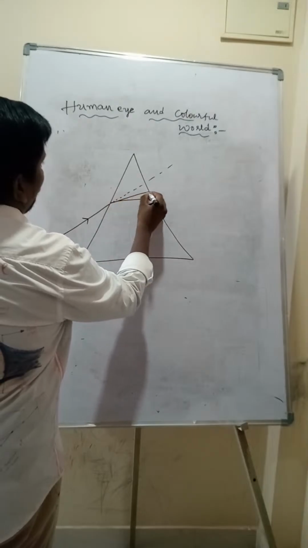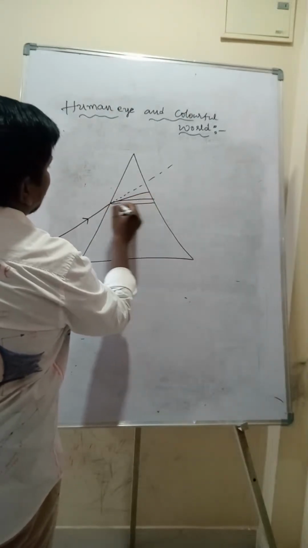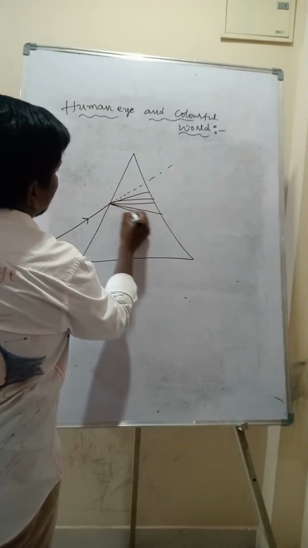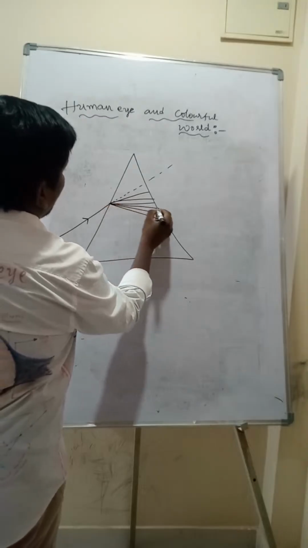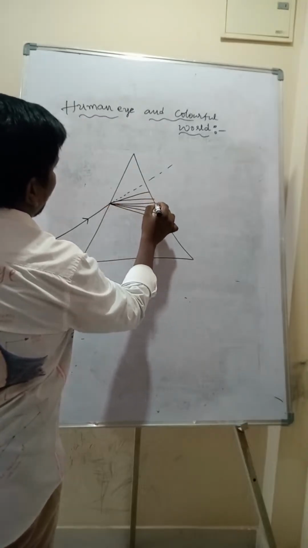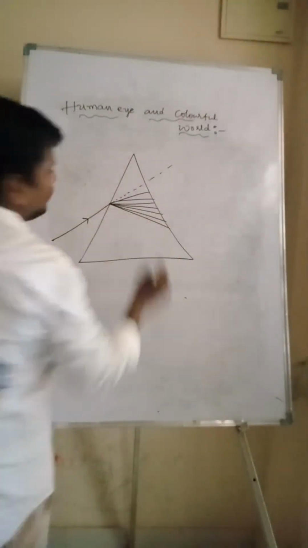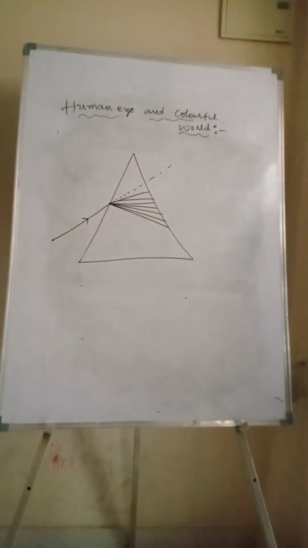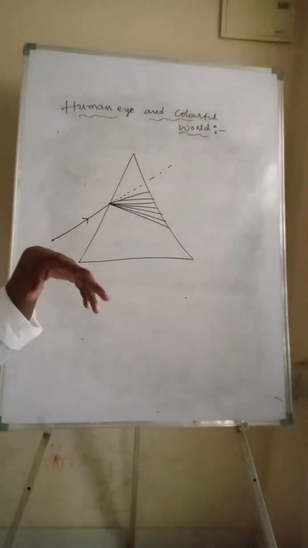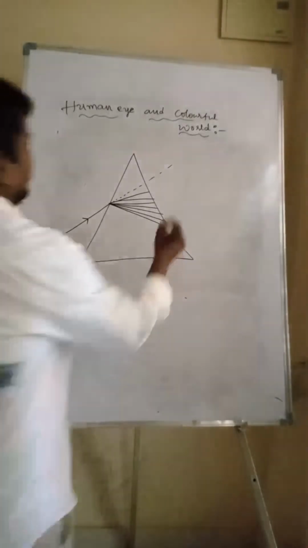How many light rays? Like 7 colors. The order: violet, indigo, blue, green. So I am considering this order.